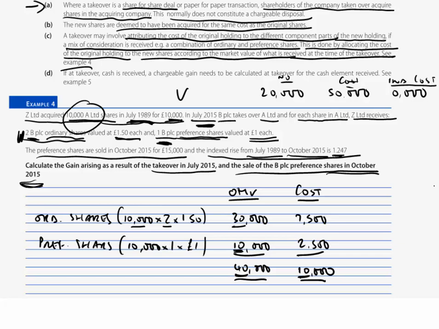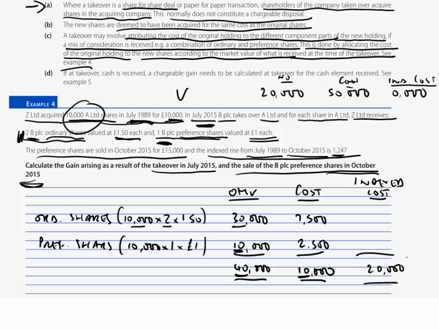Now, if we were doing this technically correctly and the information provided allowed us to do it, then at this date of takeover in July 2015, we would also have been provided with information about index cost. Now, I've got to make numbers up here because they haven't given us a figure of index cost. But maybe they told us at that point in time, in July 15, that the index cost to that date was, say, £20,000 or whatever.